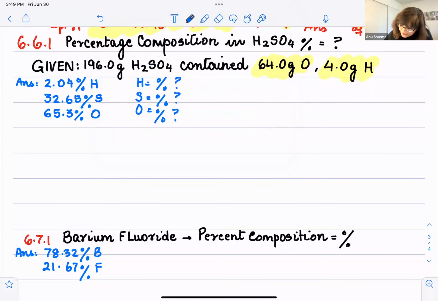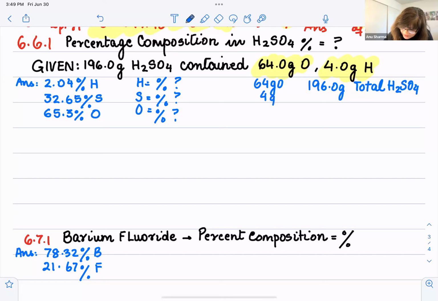One thing very important: 196.0 grams is the total amount of sulfuric acid, the total sample of H2SO4. Out of this, 64 grams is oxygen, and 4 grams is hydrogen. So this becomes 68 grams for the others.